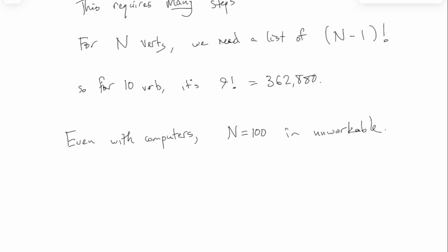All right, but that is sort of like a realistic figure for instance, one of these package delivery trucks. I keep using that example, but there are many other places where this comes up. N equals 100, I meant is unworkable. This is why we're going to talk about other methods for doing this.